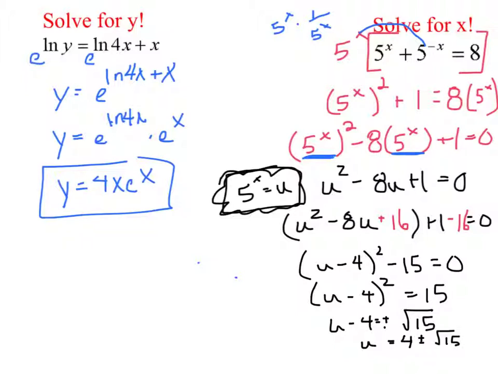Now, of course, we're not quite done yet because we want to solve for x, right? We want to solve for x all the way along, and we now know what u is equal to. So I'm just going to run right back up here and use my little key and say, well, I know what u is equal to now, so I'm going to set 5 to the x equal to that.